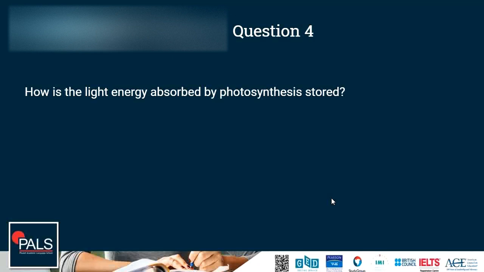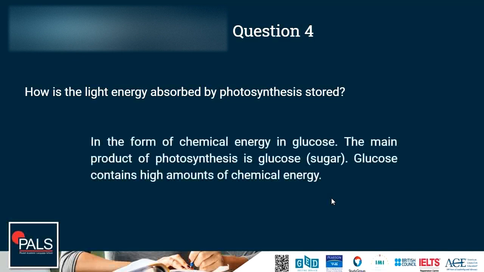How is light energy absorbed by photosynthesis stored? The light energy absorbed by photosynthesis is stored in the form of chemical energy in glucose. The main product of photosynthesis is glucose, and glucose contains high amounts of chemical energy.